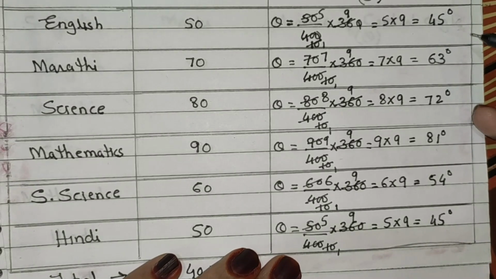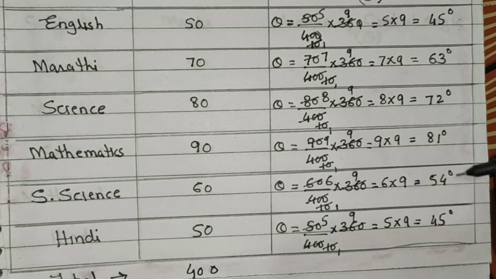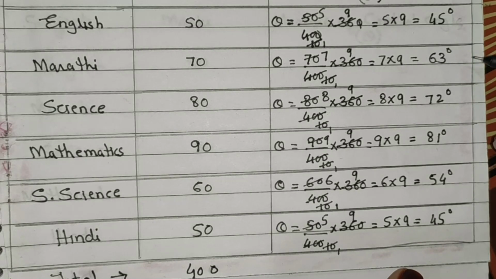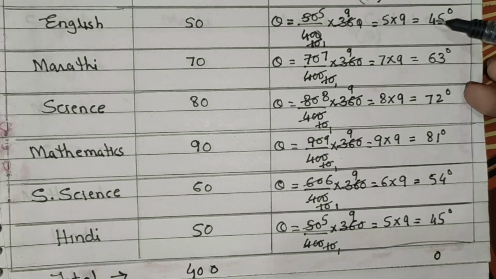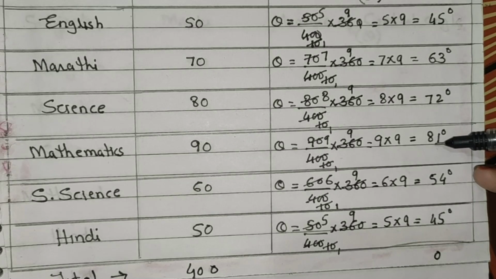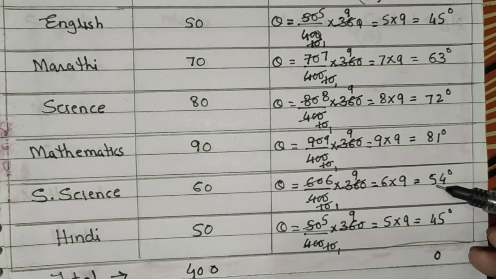Now after getting the central angles of all components, first find out the total of these central angles. The sum must be 360. 5 plus 3, 8, 8 plus 2, 10, 11, 15, 5, 20, 0 carry 2. 2 plus 4, 6, 6 plus 6, 12, 12 plus 7, 19, 19 plus 8, 27, plus 5, 32, plus 4, 36.